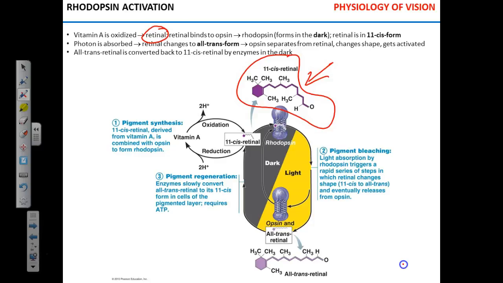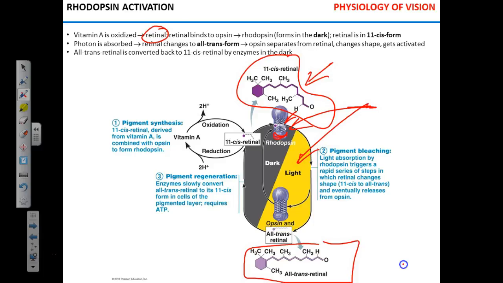Okay? When the complex of opsin and 11-cis retinol is exposed to the light, 11-cis retinol changes its conformation. In chemistry it is called isomerized into all-trans retinol. Do you follow?